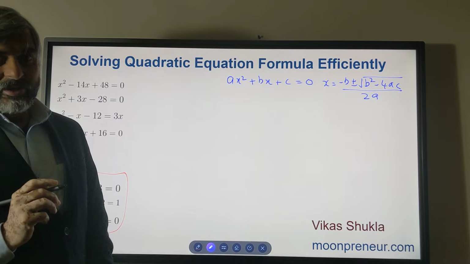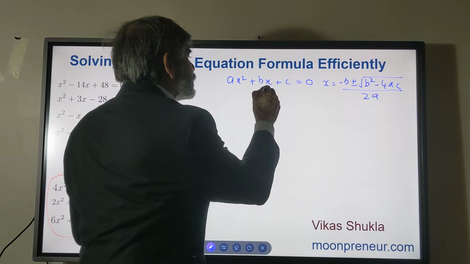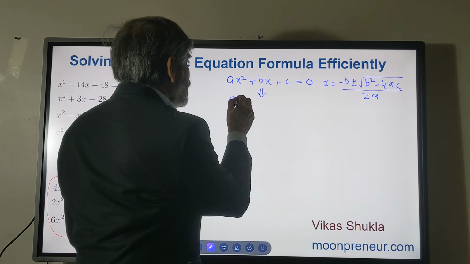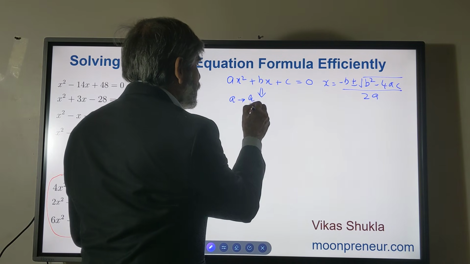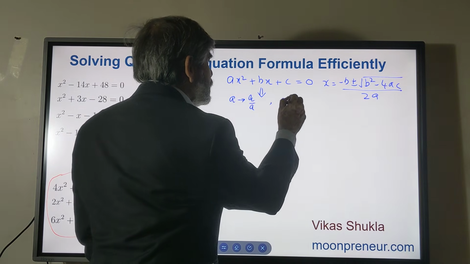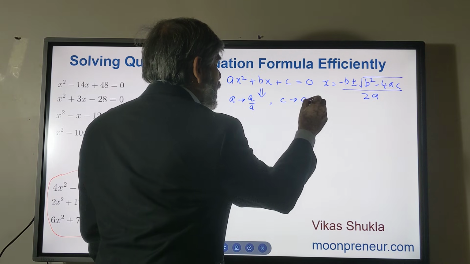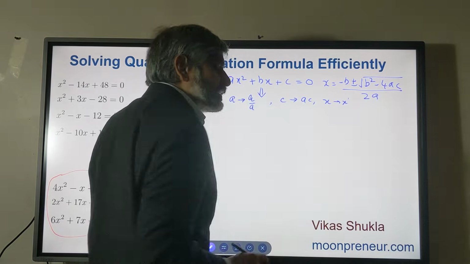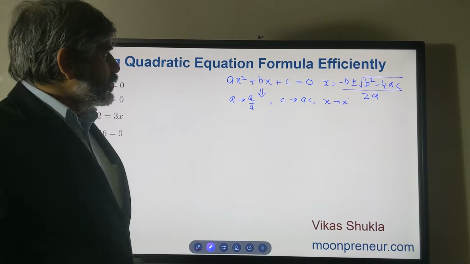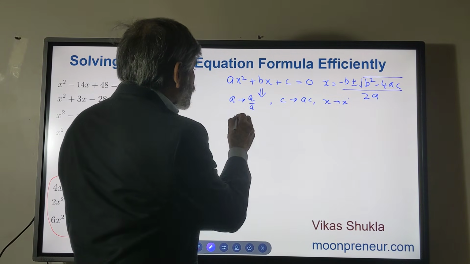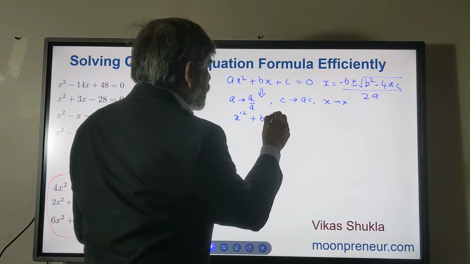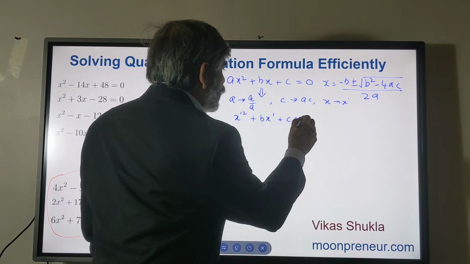What I'm going to do is a transformation in which I keep a as it is, I replace c by ac, and I replace x by x dash. Let's see what equation we get. We get the equation x dash squared plus bx dash plus ca equal to 0.